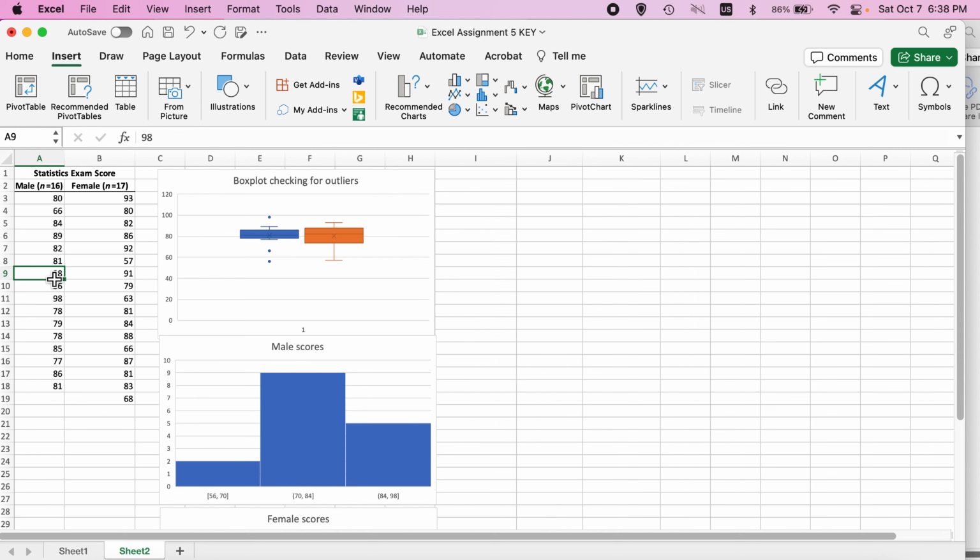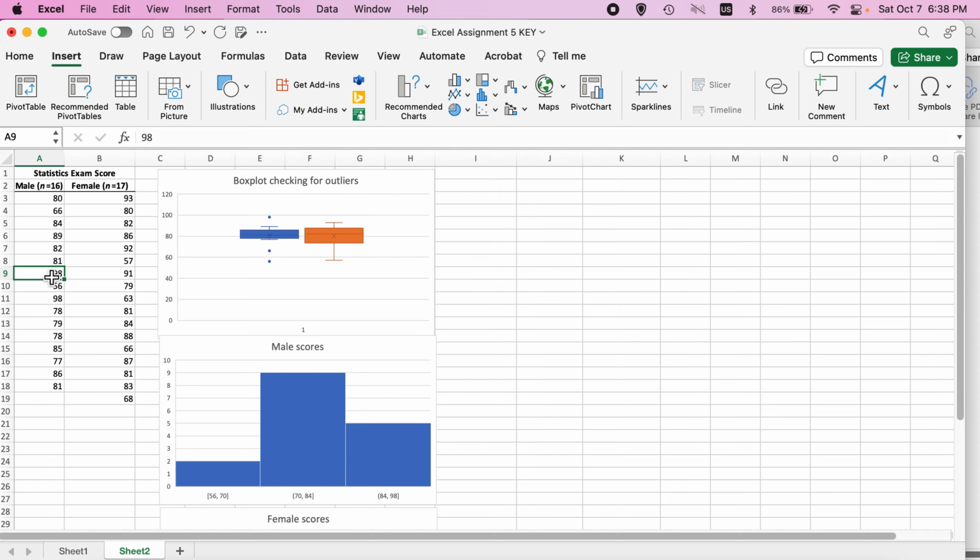However, we have this one, which should be this. You see the value 98 there. This student just did better than the others in their group. I wouldn't call that an outlier. That's a common thing. Now, if the score was like 1,000 or something like that, maybe it would make sense.